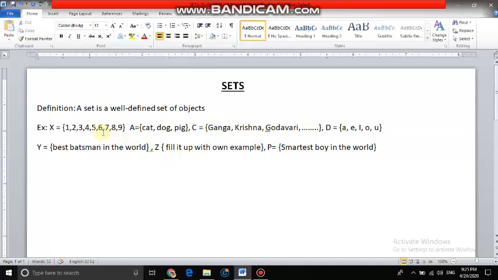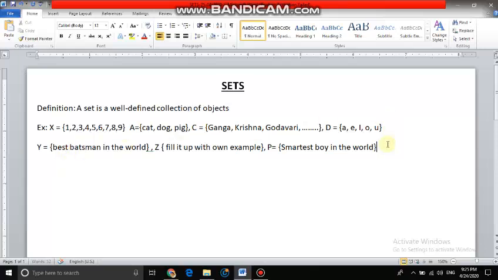A set is a well-defined collection of objects. Instead of saying a well-defined set of objects, you can use the word collection, because if I use the word set to define the word set, it confuses you. So a set is a well-defined collection of objects.